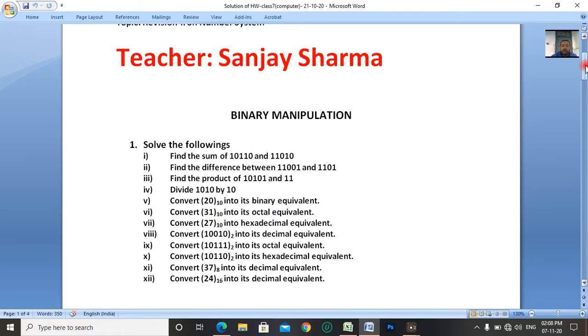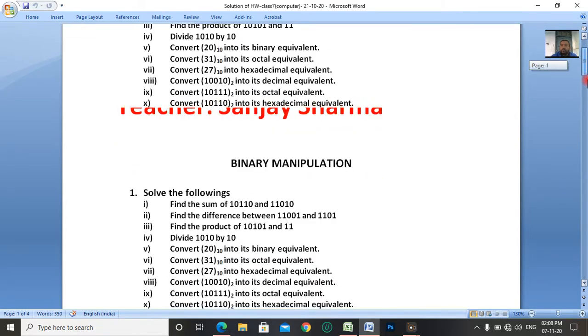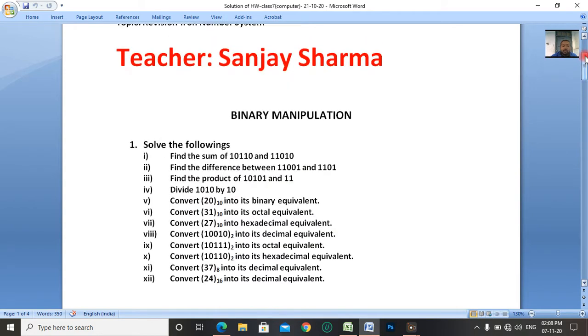Okay students, now we are going to study binary manipulations. Here are some questions. Solve the following: find the sum of these binary numbers.